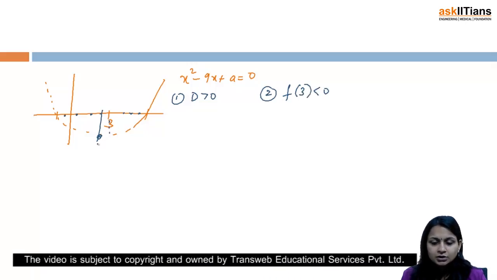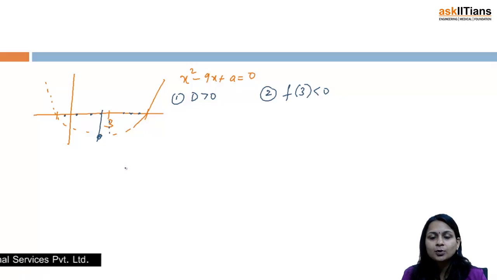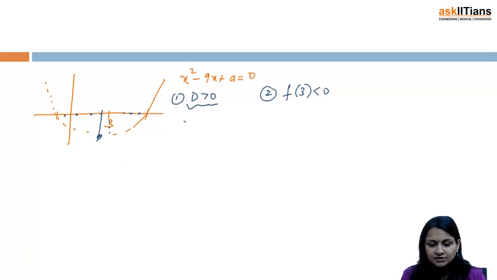So now let me put these 2 conditions and get my final answer, that is the possible values of a. Now discriminant D greater than 0 means b square minus 4ac, so minus 9 whole square minus 4 into a into 1 greater than 0. So this gives me 81 minus 4a greater than 0, or 81 greater than 4a.